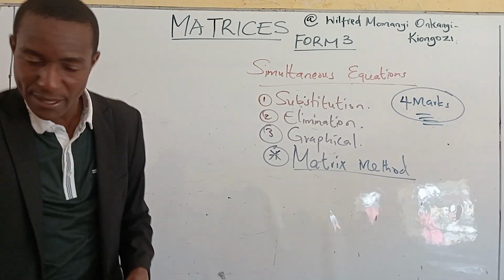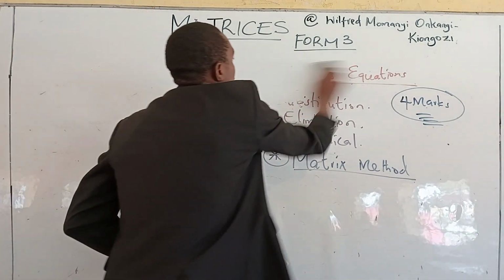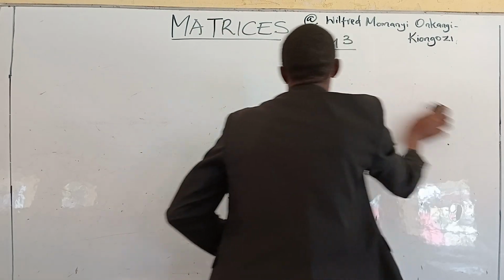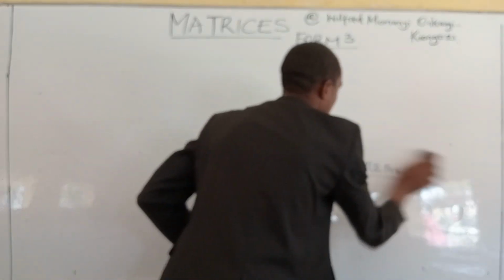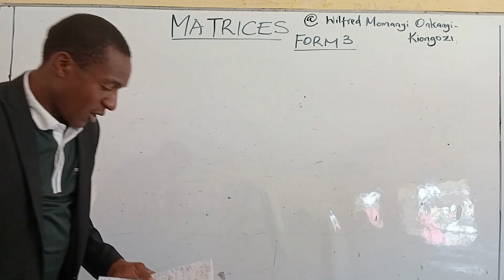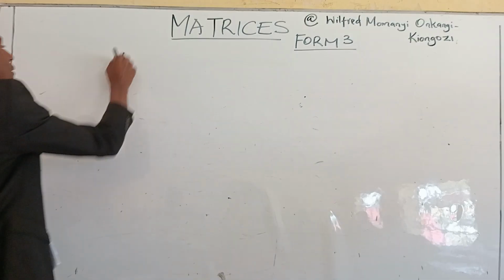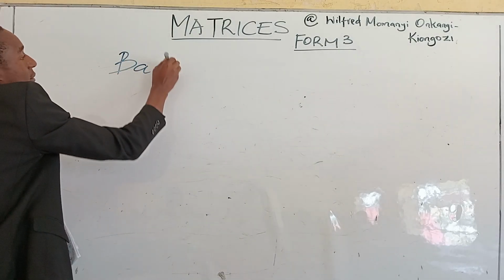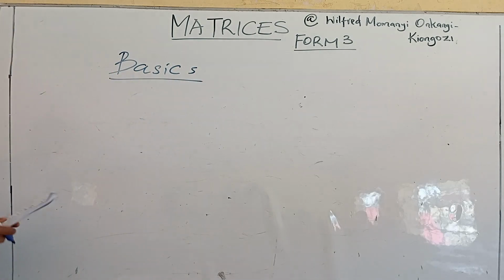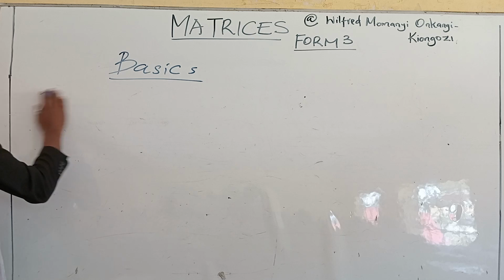So write the following notes. We start with basics. In this chapter, basics, we will look at what a matrix consists of.